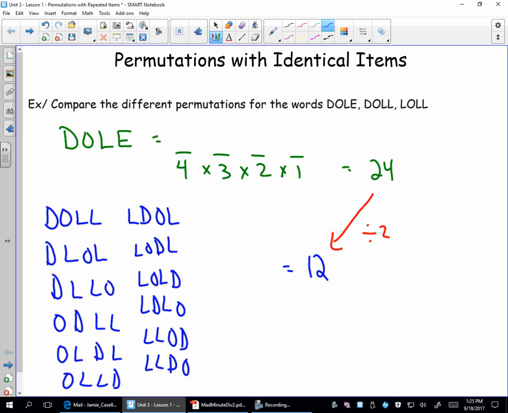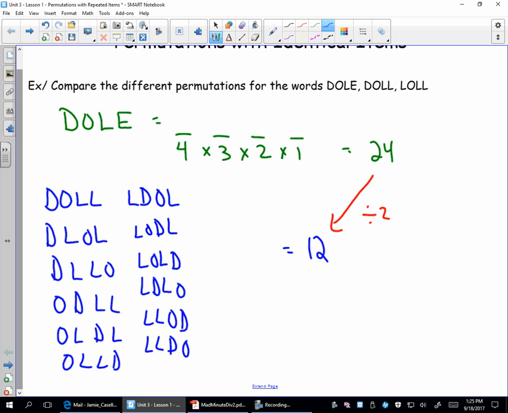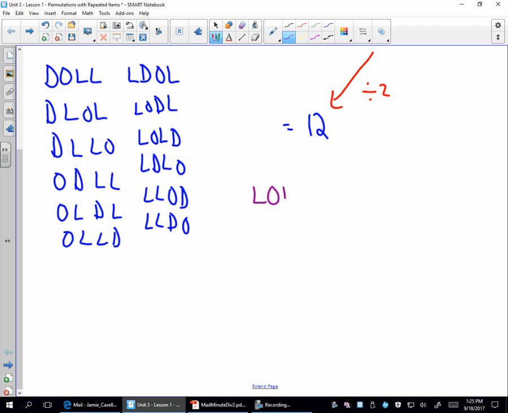Okay. Well, if we take one more example, let's look at the word lol, L-O-L-L, and look at its permutations. So I have L-O-L-L, or L-L-O-L, or L-L-L-O, or O-L-L-L. I got 4.